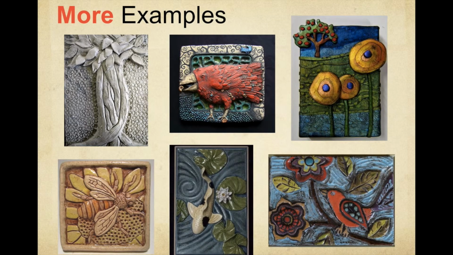Now here's a few more examples if you're kind of stuck with an idea. My suggestion is when you work on that paper, just look at it and come up with an image and then kind of map out some of the spots that you can use some textures, and also point out and label the areas that you're going to carve down for your project as well.